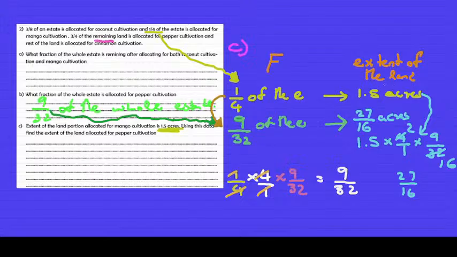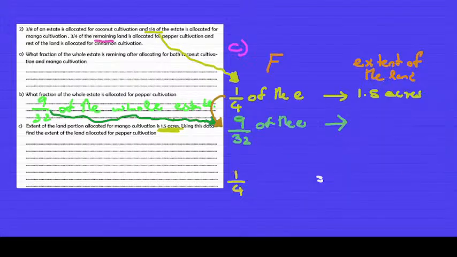Right. This column method, if any of you are confused with the method that I employed here, we can keep things simple. How can we keep things simple? If you know 1/4 of the estate is 1.5 acres, you can find what the entire estate's extent is.